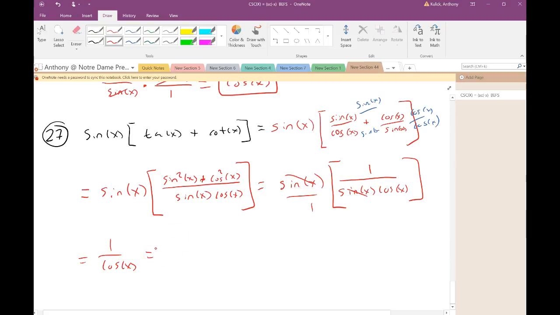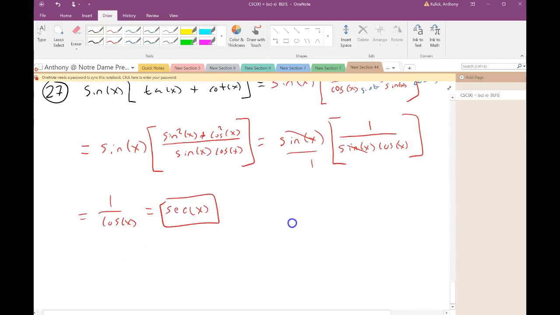So this was a perfectly reasonable way to do this problem, although I don't know that it's necessarily going to be the fastest. Is there a faster way of doing this?